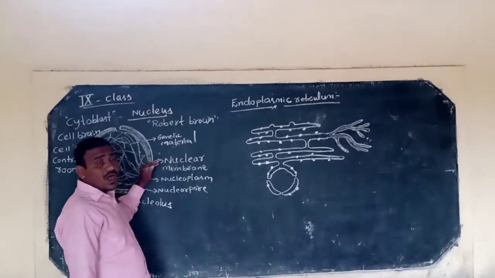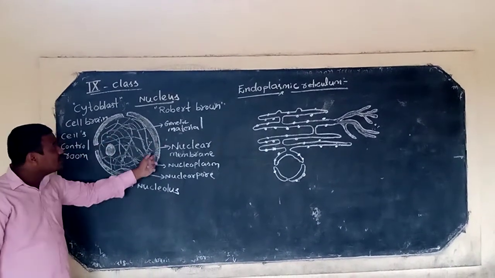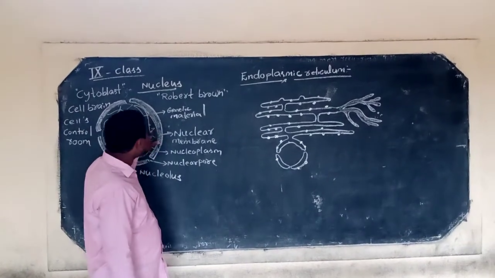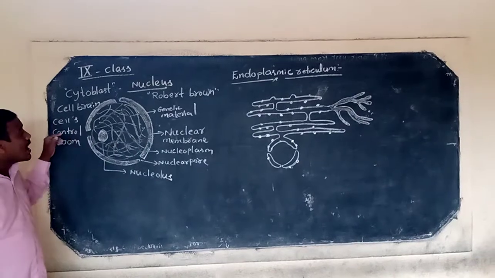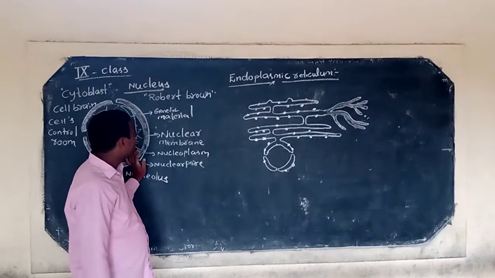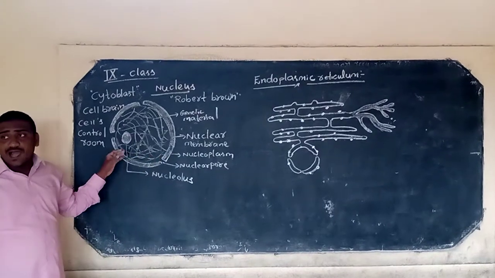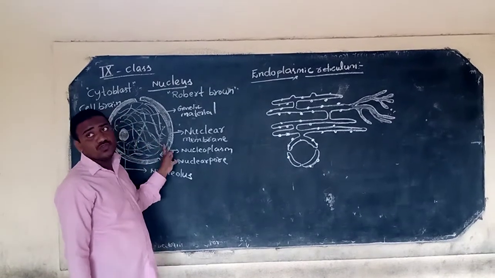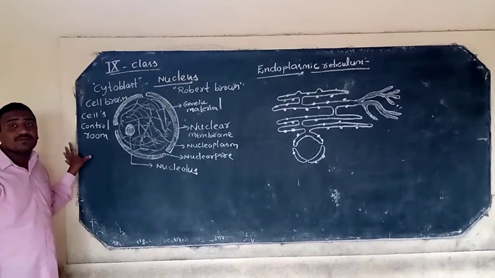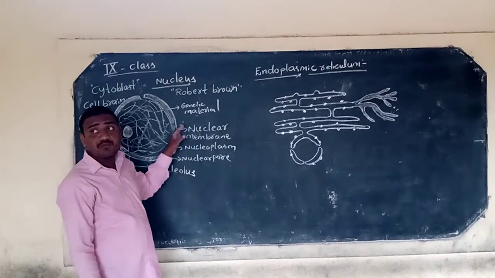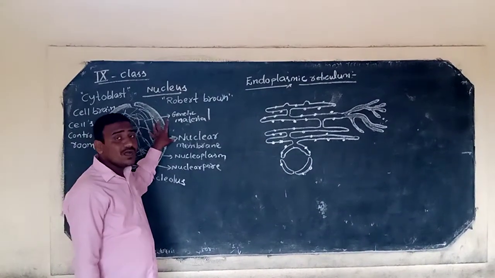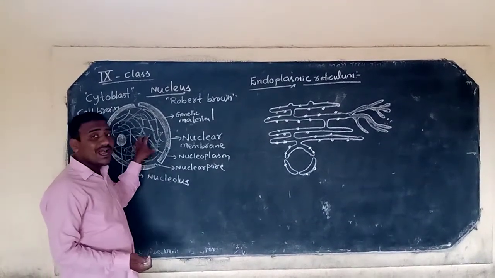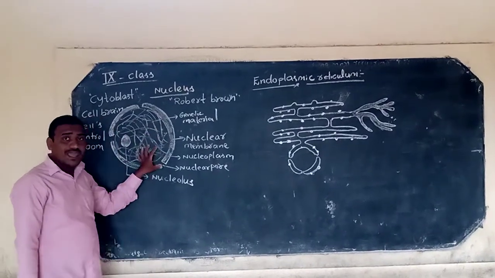Next, now carefully observe the nucleus structure. Normally, the shape of the nucleus is round or oval. Next, normally most of the cells contain a nucleus, except red blood cells of mammals and the phloem sieve tube cells in plants, which do not contain a nucleus.